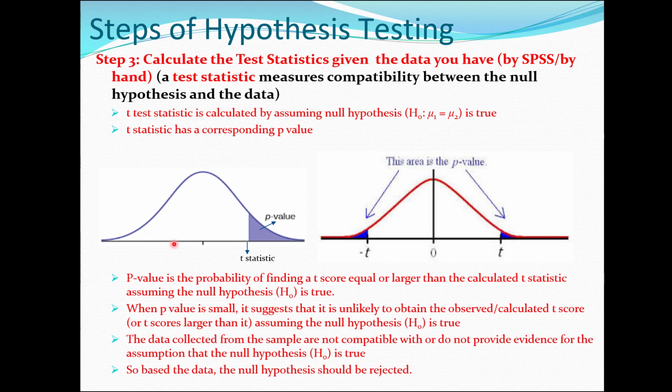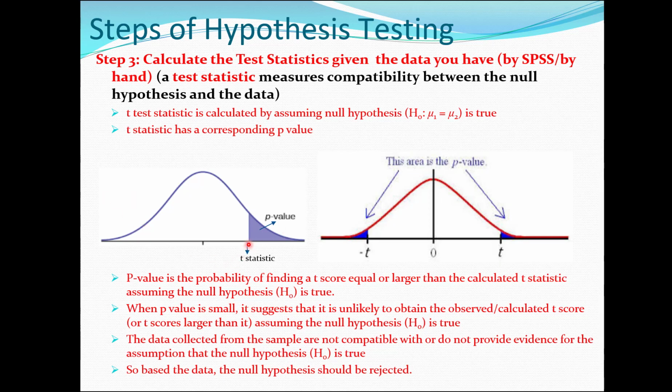What I have here in these two graphs are t distributions. Okay, t distribution, shape-wise, is very similar to the normal distribution or normal curve. So if you understand the z-scores and corresponding area underneath the curve, you will be able to understand this.